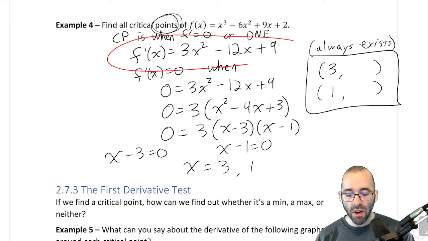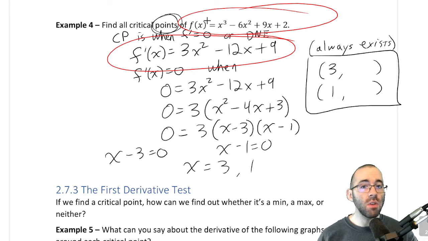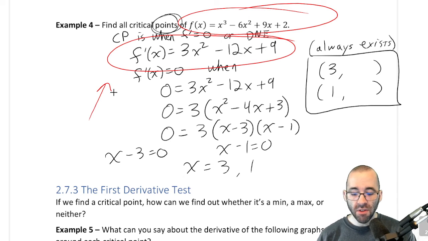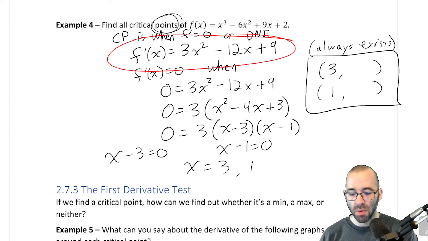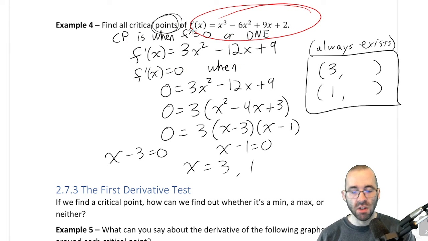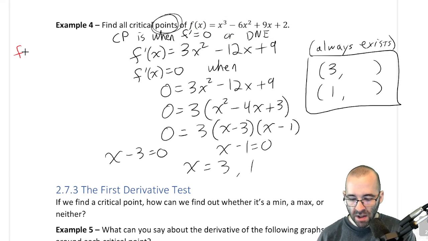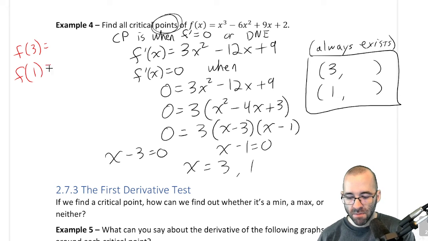Be very careful though, because we have two functions that we could plug it back in. The derivative is our slope function, whereas this function is our actual function. That gives us the y value. So plug in x equals 3 and x equals 1 to get the y values.